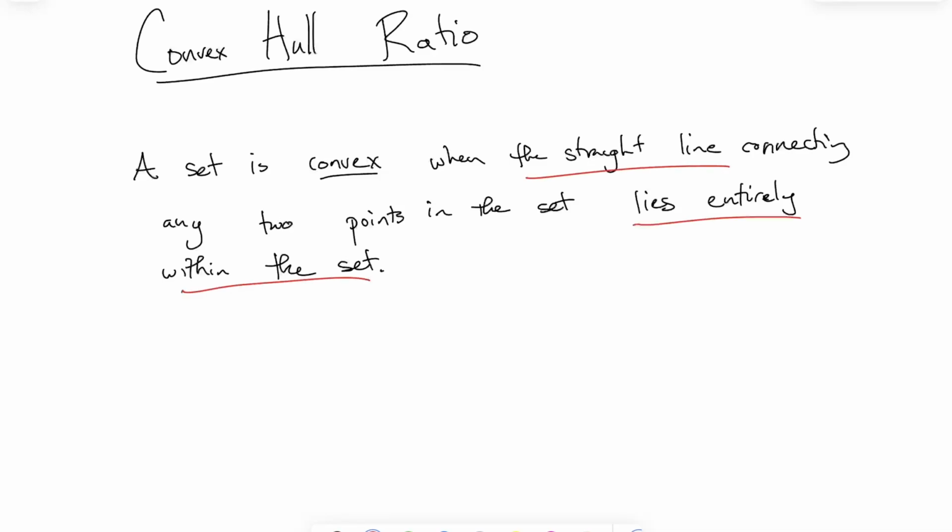All right? So in your shape or whatever, any 2 points that you choose inside the shape, the straight line between those 2 points is also inside the shape. This is a weird sounding property, although once you get it in your mind, you can look at any shape and immediately tell me if it's convex or not.